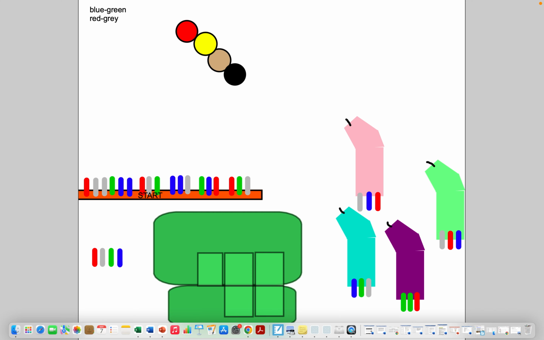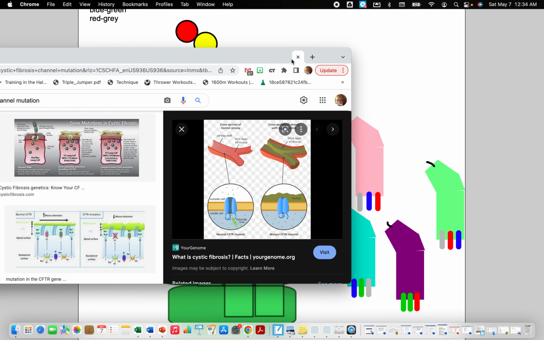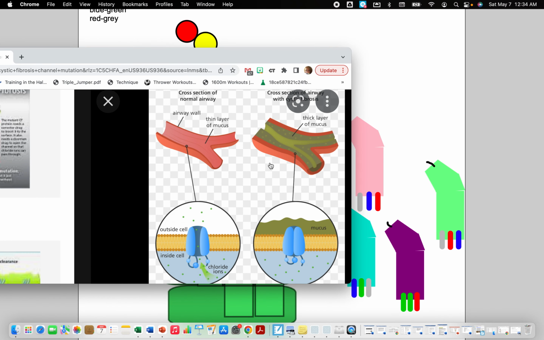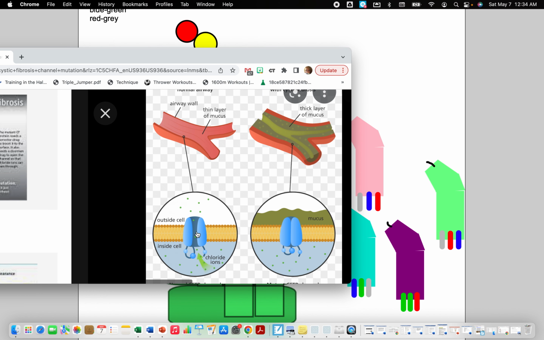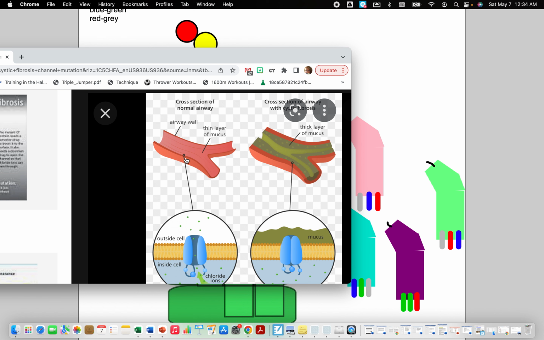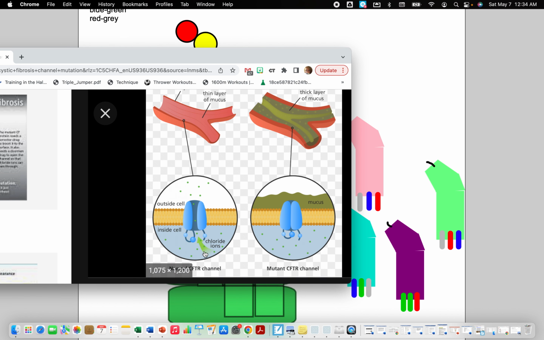This is a good diagram. Slide this on over so you can see it. Okay, so we have these protein channels that line our respiratory system. Okay, and what it does is it allows chloride ions to pass on through inside to the outside, and the chloride ions keep mucus in check.